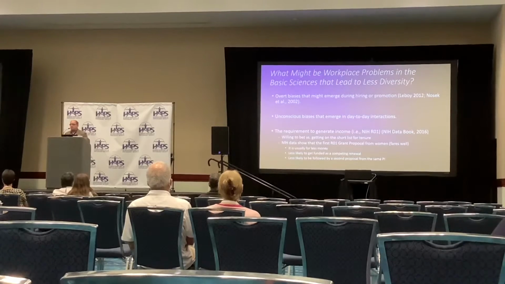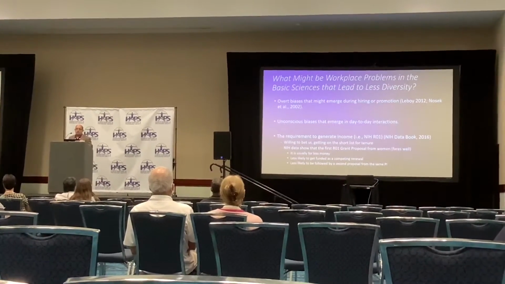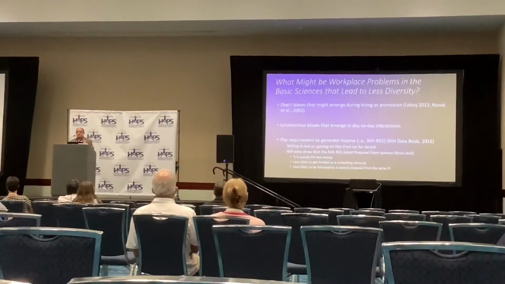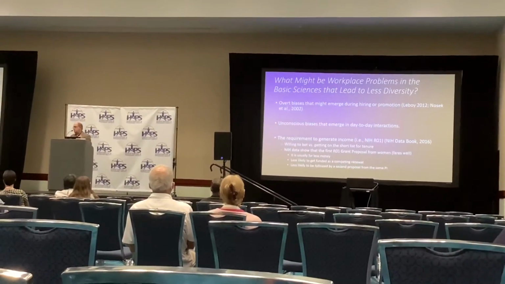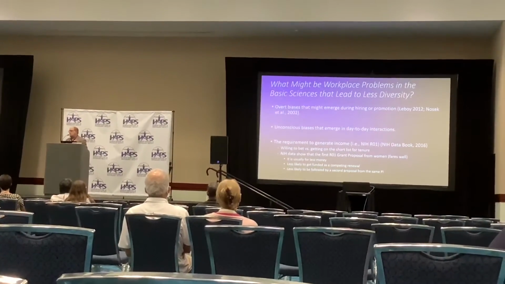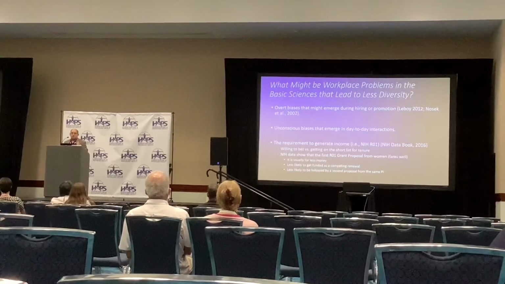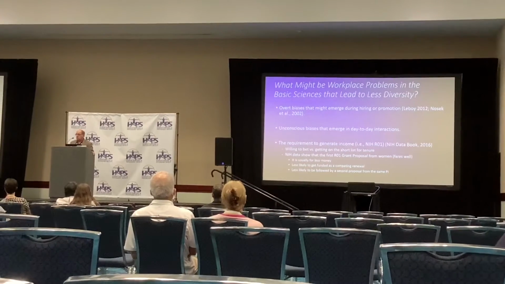Then there's the requirement to generate income, that R01. It used to be that you looked at the person's qualifications, they had an impressive CV, and the search committee was willing to take a bet. You know, that after 4 or 5 years, you'd land that R01, then 2 years later, you'd apply for tenure, and you'd achieve tenure. That's not the case anymore.